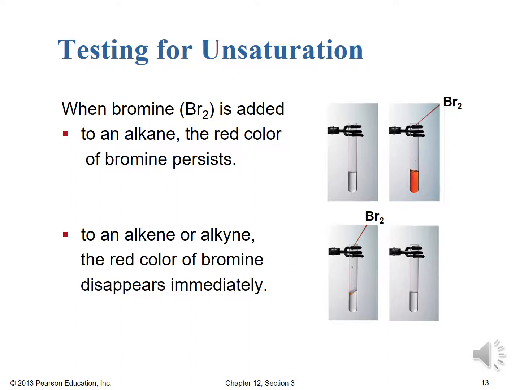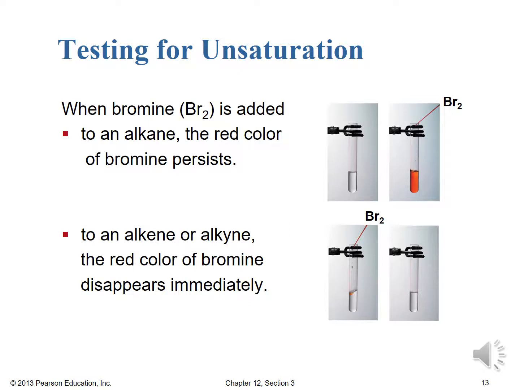When you add bromine to an alkane, the red color of the bromine persists, because without special conditions, typically light, certain wavelengths of light will help promote the bromine to react with the alkane hydrocarbons, the CH bonds, but in the absence of that special light, you don't really see any reaction of bromine with an alkane on a normal time scale.